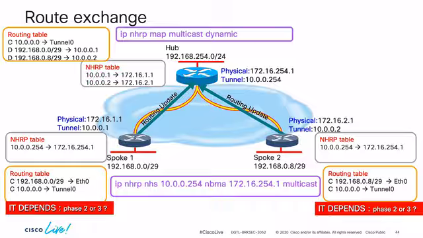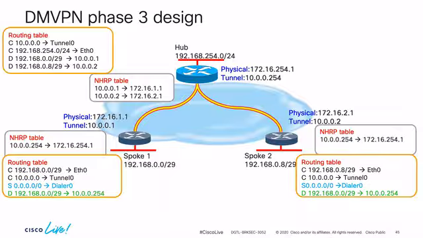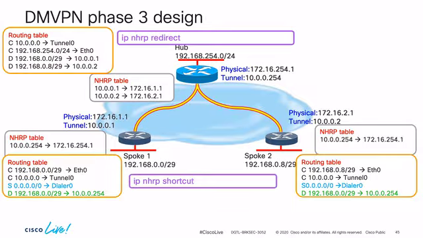Let's take a look at the DMVPN phase 3 design. If you want to configure DMVPN phase 3, these are the mandatory NHRP commands that we need to configure. On the hub, we need to have the NHRP redirect, and on the spoke, we have to have the IP NHRP shortcut.